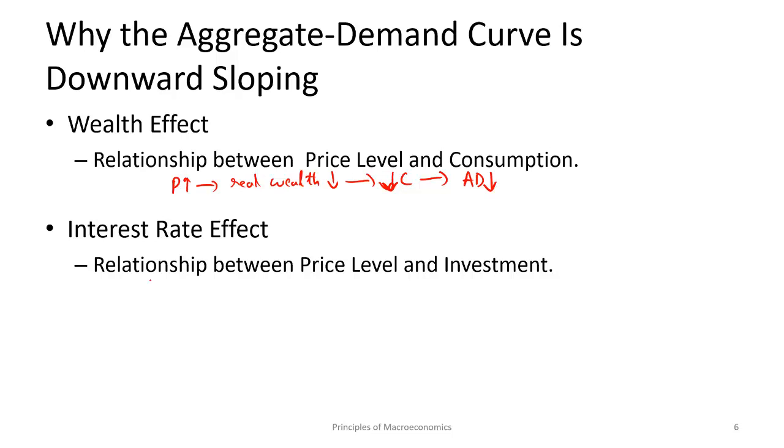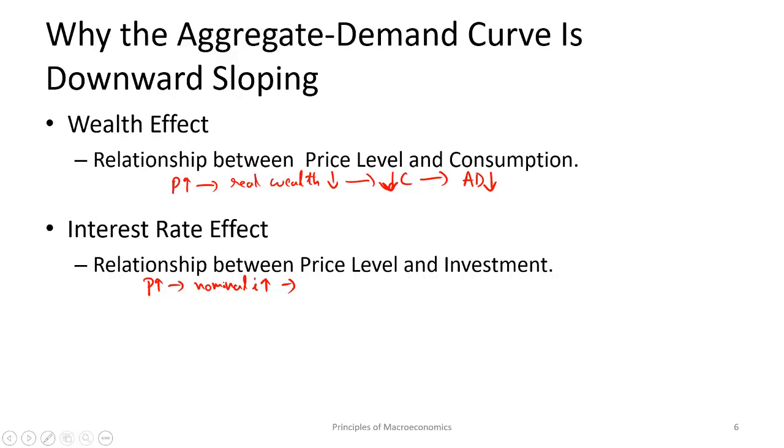And here it goes. As price increases, nominal interest rate increases. Why does the nominal interest rate increase? Remember when we did savings, we talked about how an increase in prices leads to increased interest rate.